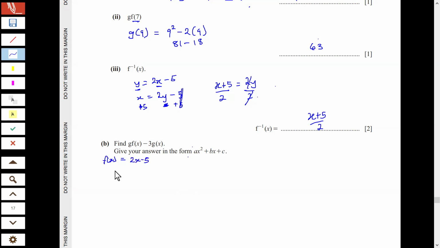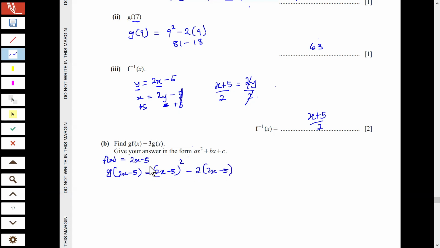So gf of x is going to be g of 2x minus 5, equal to 2x minus 5 squared minus 2 times 2x minus 5.